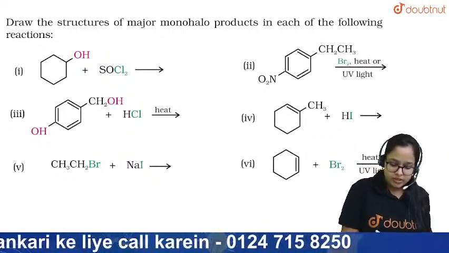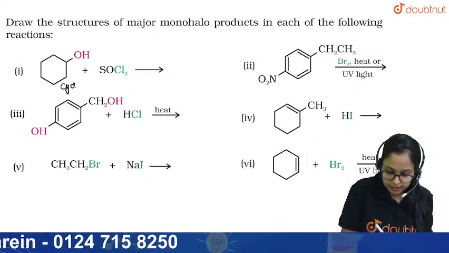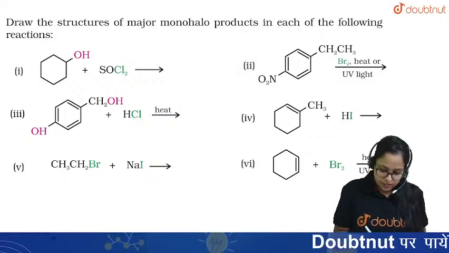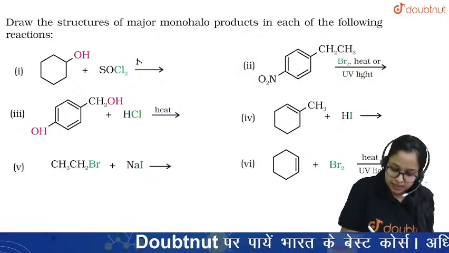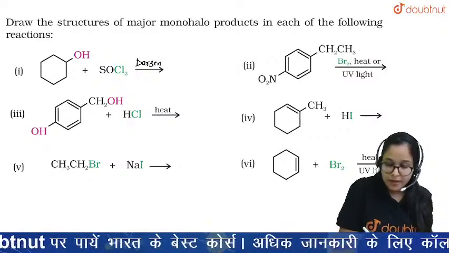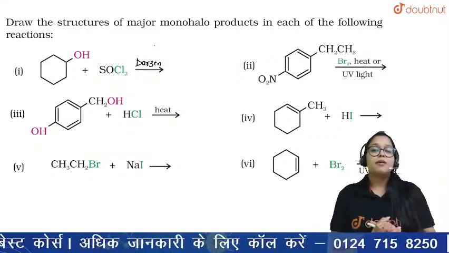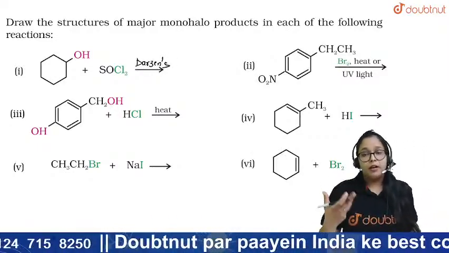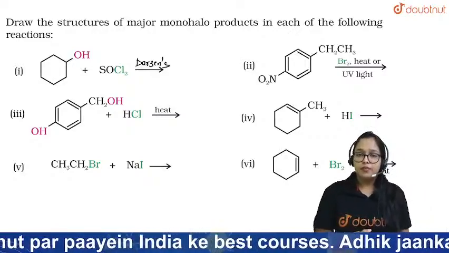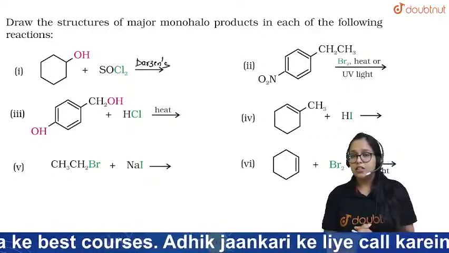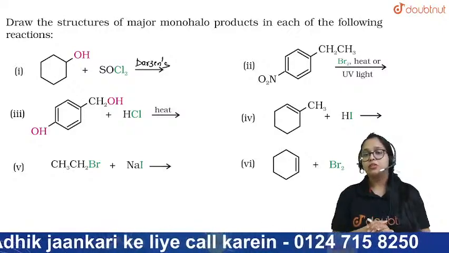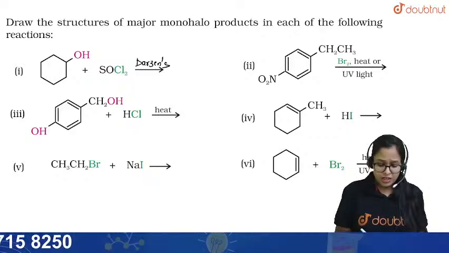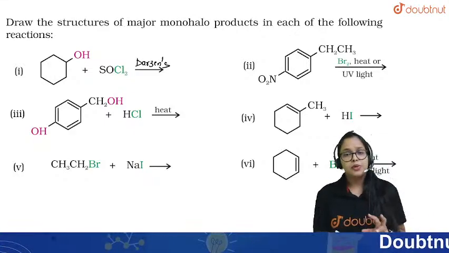So this is your cyclohexanol, and it is being reacted with SOCl2. This process is known as the Darzens process. As we know, the Darzens process is one of the best methods to prepare haloalkanes from alcohols, because the byproducts are SO2 and HCl, and they are both in gaseous form. You do not need anything else to separate the byproducts, and it is very cost effective.